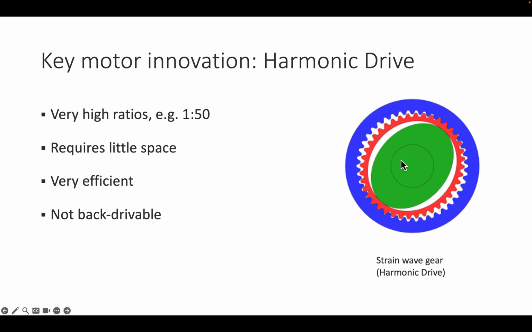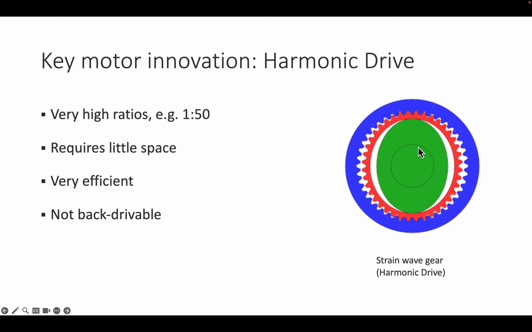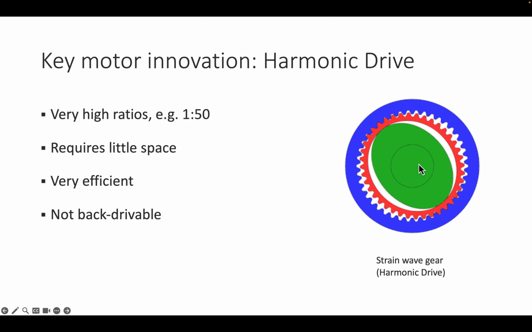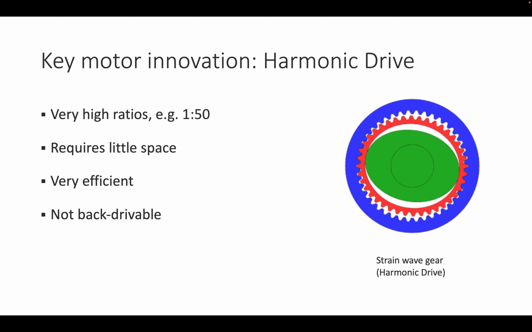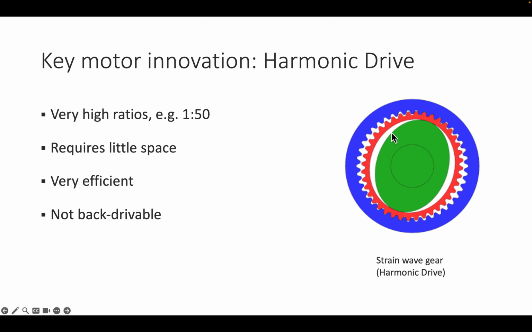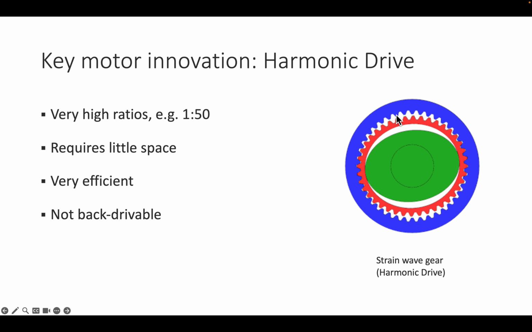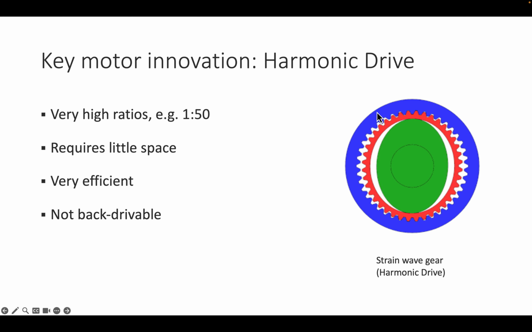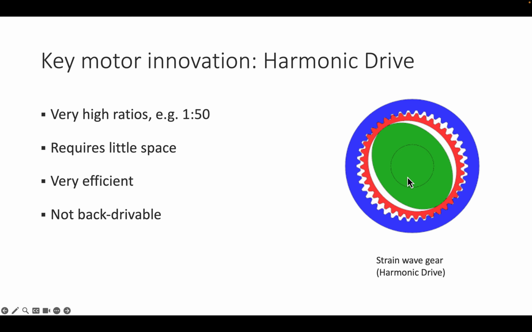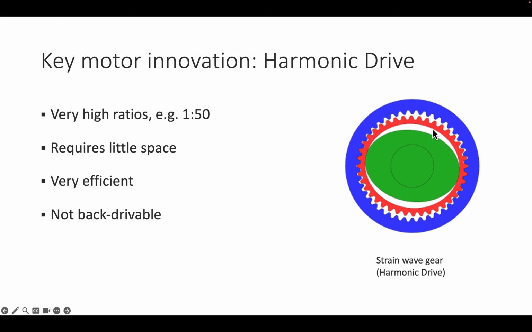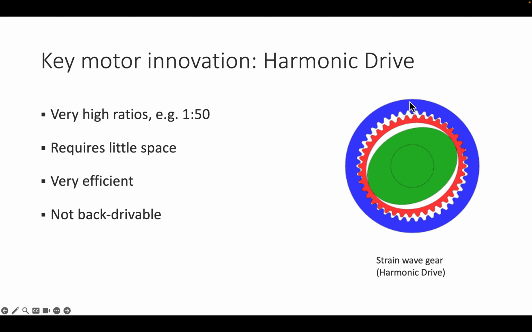So really the motor is mounted to this green thing that spins inside something like a Coke can, and as it does that, it deforms the outer diameter of that aluminum can, and it hits the gears, the teeth of an outer ring. And whenever it does that, it moves the outer ring slightly forward. And so in this case, this green thing has to rotate 50 times for this outer ring to rotate once.